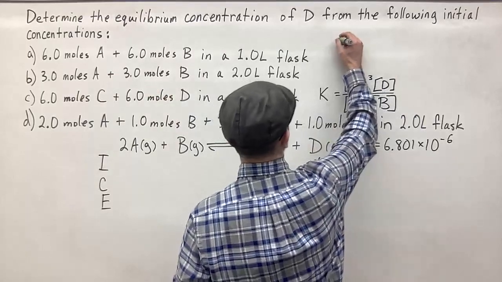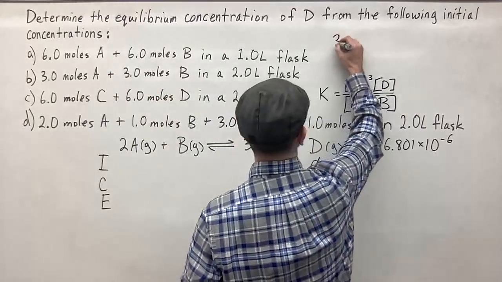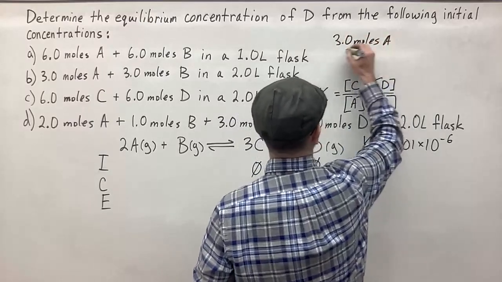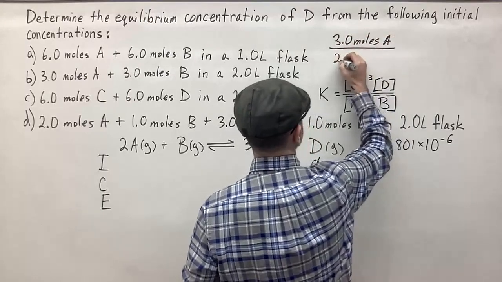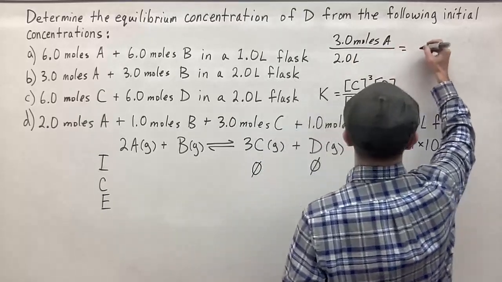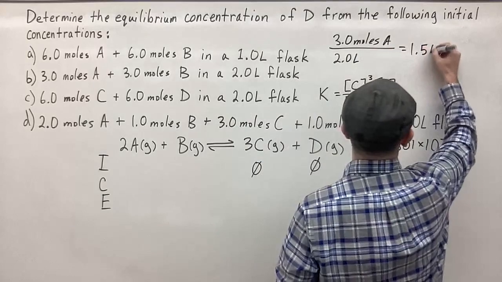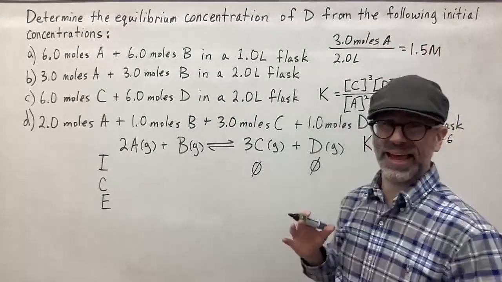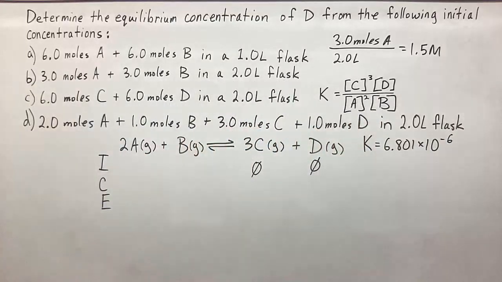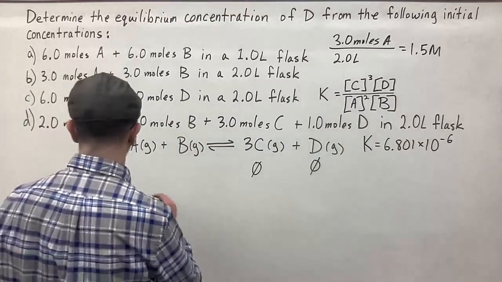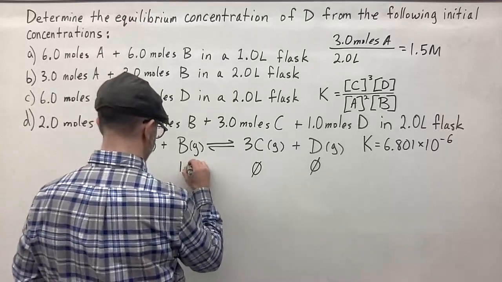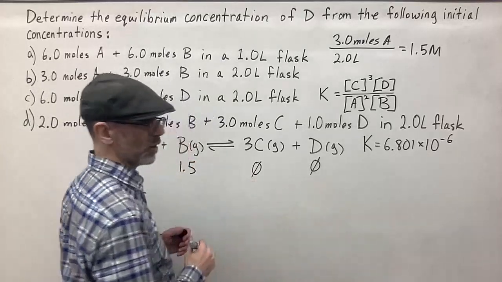So here we'll have 3.0 moles of A divided by 2.0 liters. And so that's going to be equal to 1.5 molar. So both A and B are going to be 1.5 molar. Okay. So here we have 1.500 again.